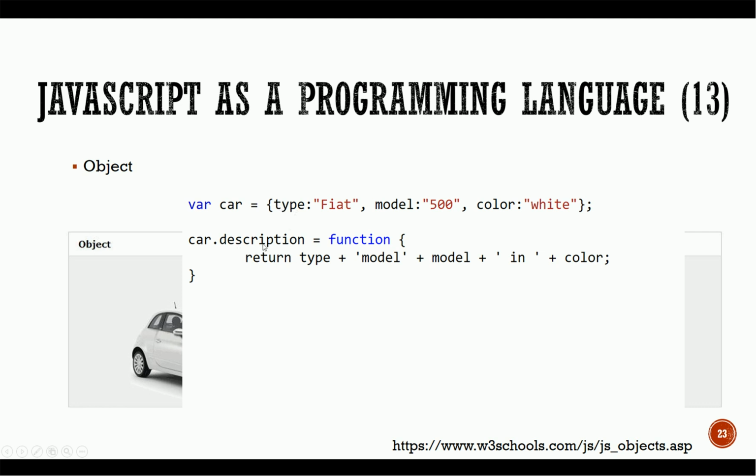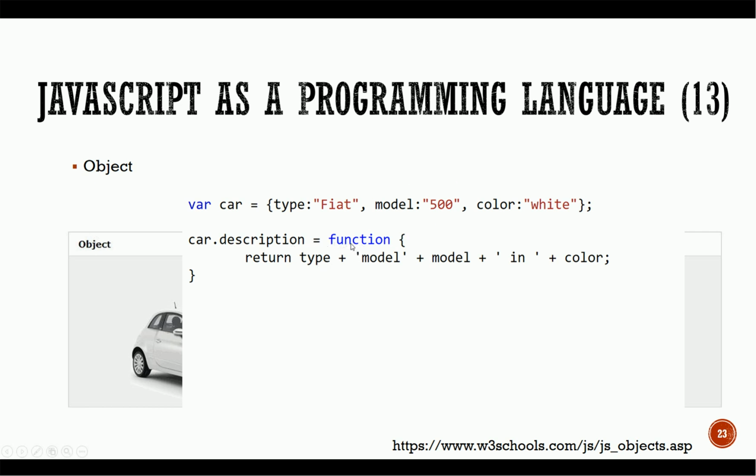To access features or properties, we use a dot, as you see here. So we can say car dot description, either to access the value or to assign the value of the feature.